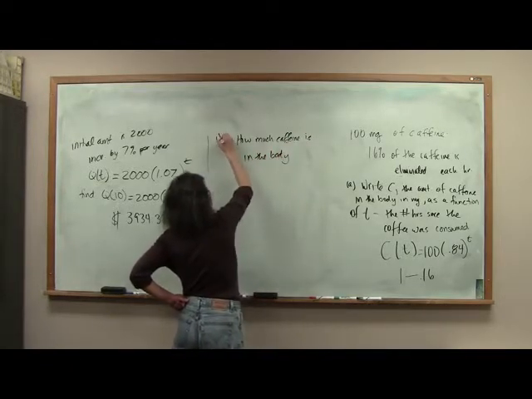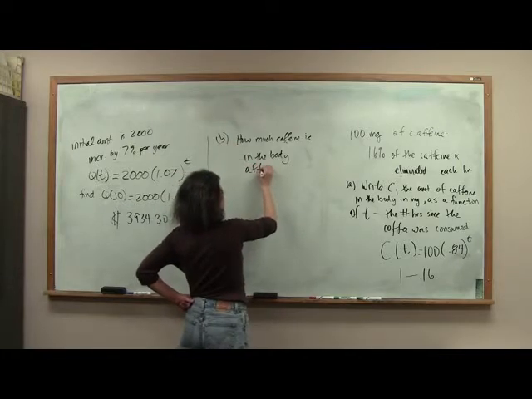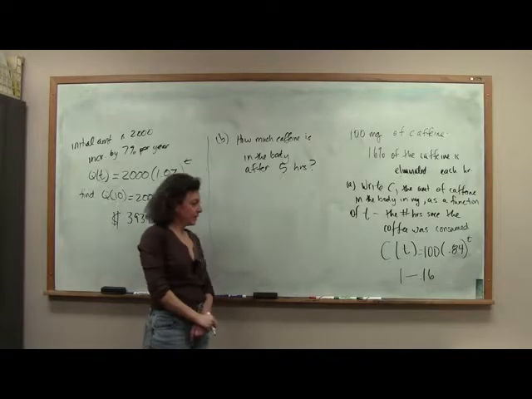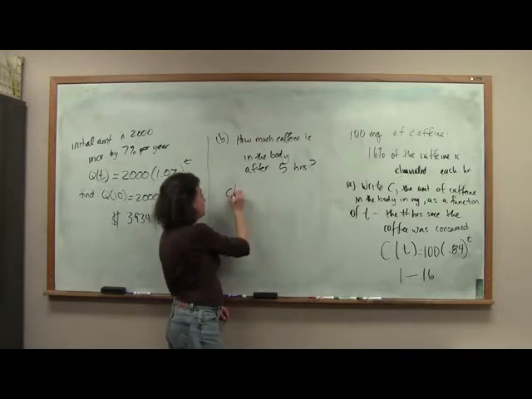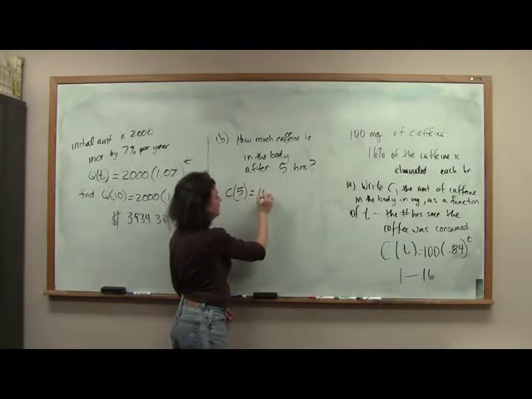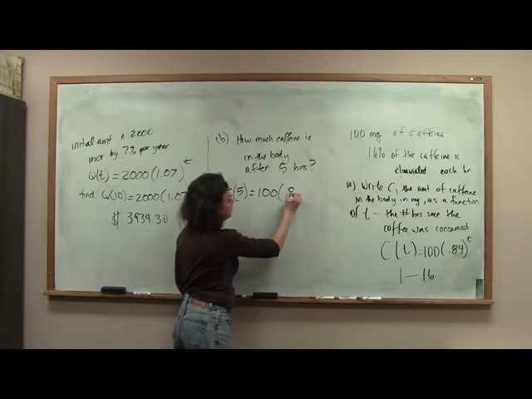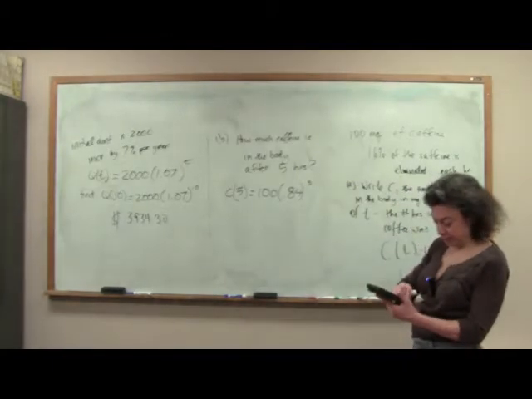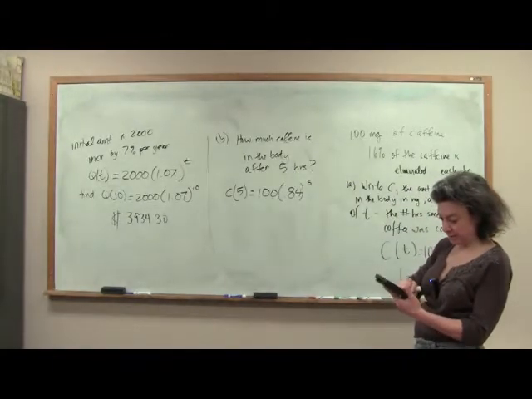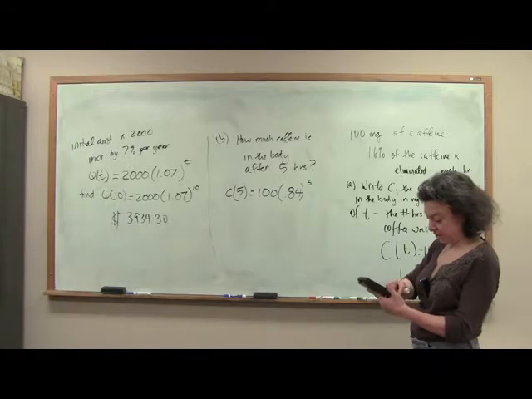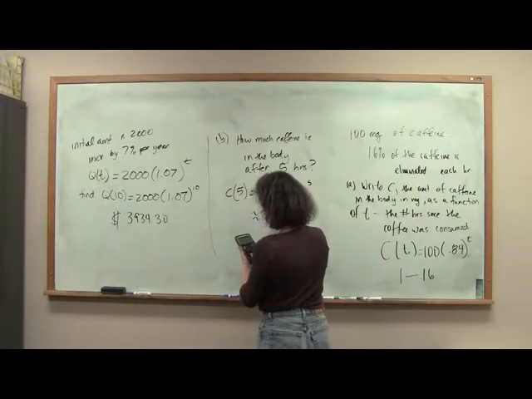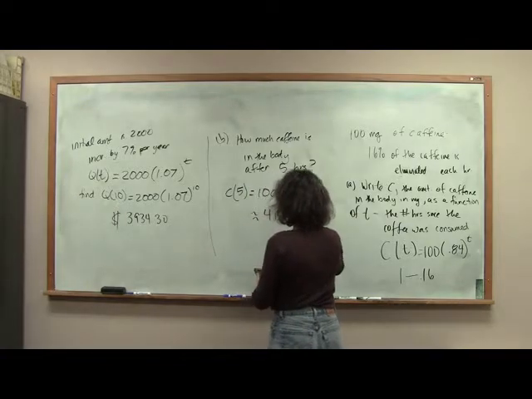We'll make this part B. Well, all we do is we compute C of 5. So it's 100 times 0.84 to the 5th power. And we can certainly compute this, and we get approximately 41.82 milligrams.